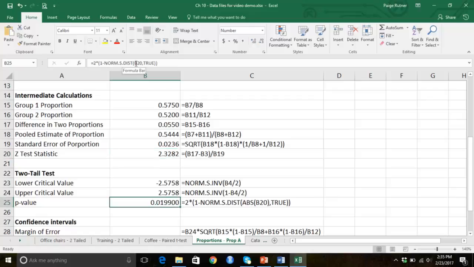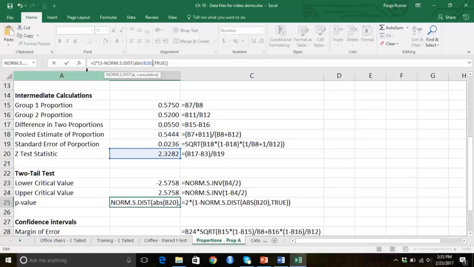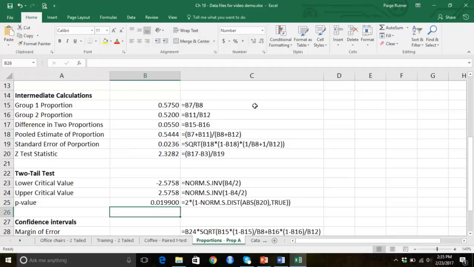And so that way I'm not going to break my function and my logic if I were to use this same basic spreadsheet template and come up with a negative test statistic. So I'm going to just plug in that absolute value function. What that's going to do is take the absolute value of my test statistic, use that as the z-value for our NORM.S.DIST function. That gives me the cumulative value to the left of that, subtract that from 1, and then multiply it by 2. All right.